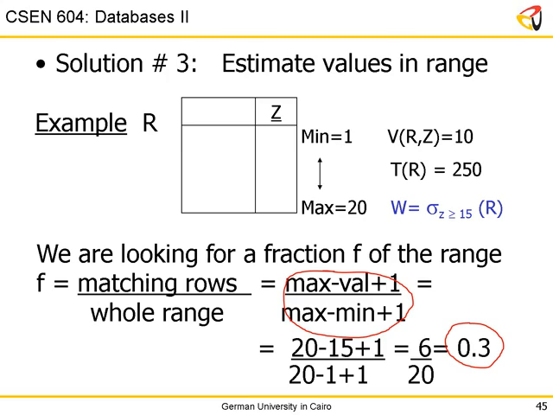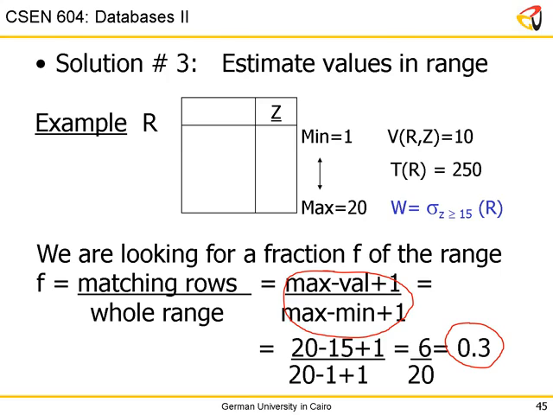We use that ratio, or basically this number, and multiply it by the total number of rows to get a more accurate estimate. Now again here I'm assuming an equal distribution: the chance of getting a value is the same as the chance of getting any other value. For example, if I say my minimum is 1 and maximum is 2, the assumption here is that I have the other values in between, or most of them.